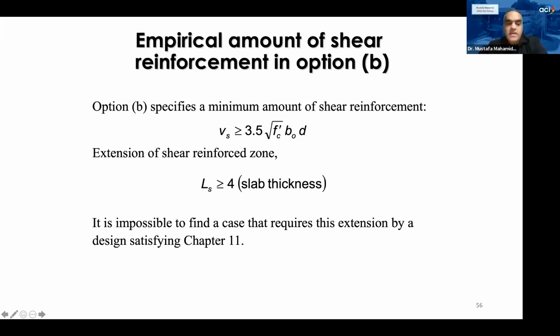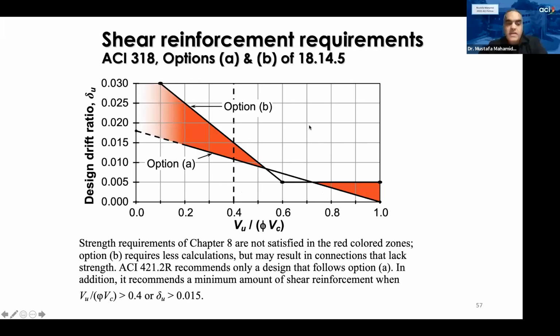So this shows the different options. This shows option B. If we follow option B, this is the figure that we looked at. Some part requires reinforcement, other does not. This is the 0.4 limit. And this is option A. Option A is like that.